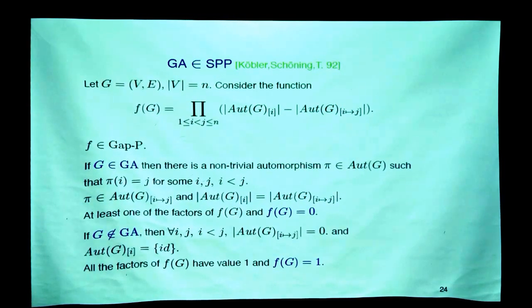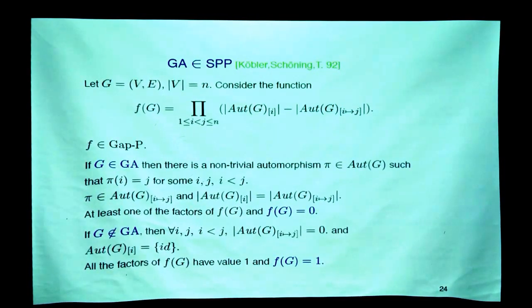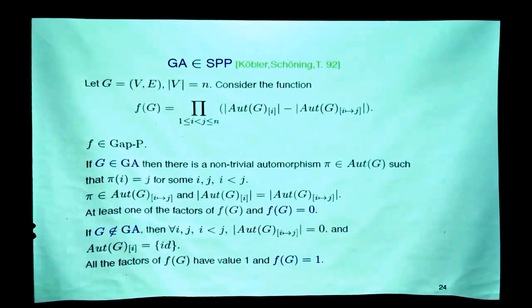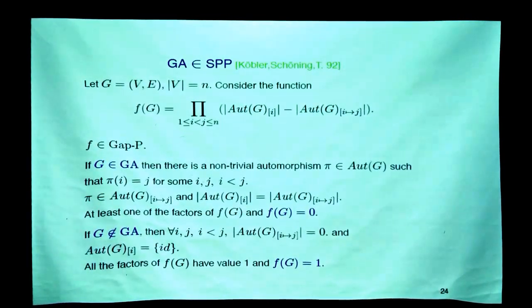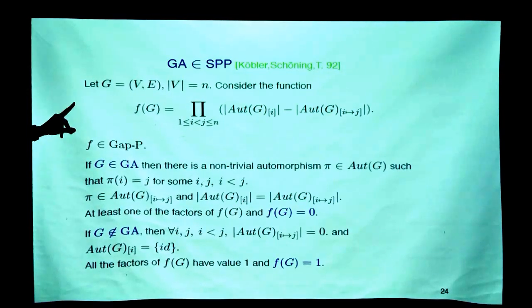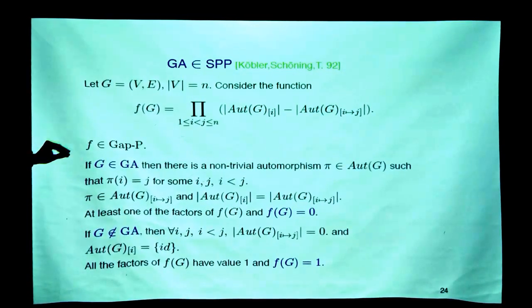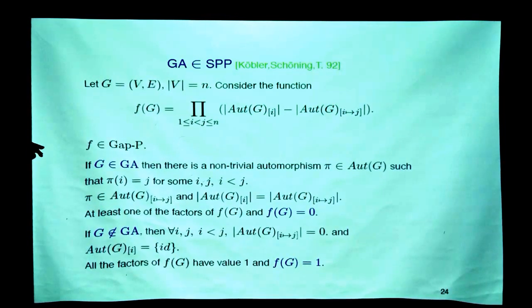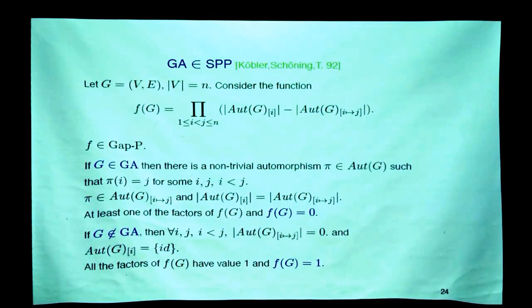This is another good result showing that the automorphism problem is in this class. So we have to make the difference between accepting and rejecting paths either 0 or 1.